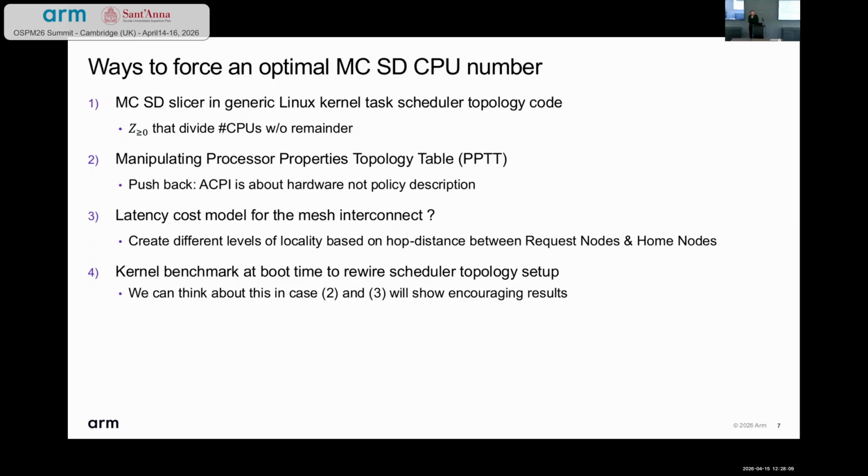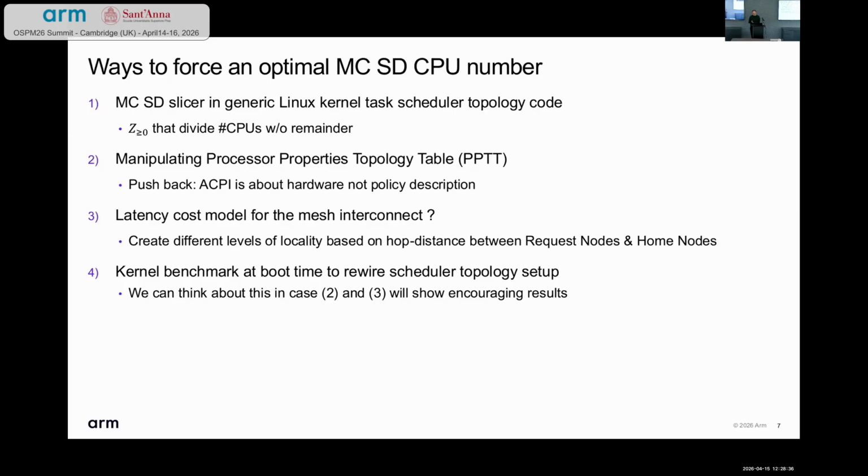So what ways do we have to force an optimal MC size? First of all, we can just slice, like we already discussed, your 128 CPUs into smaller chunks. Then we have the possibility to also manipulate and rewrite the PPTT tables and feed them back.